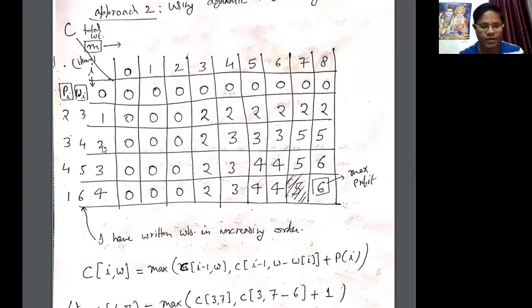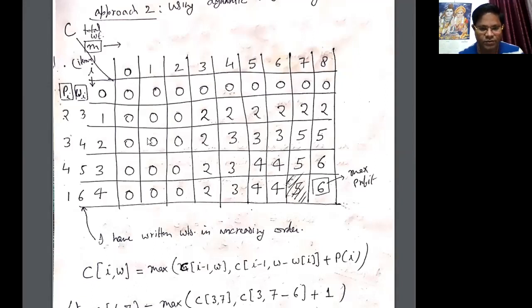It means we are picking the 2 items, this one and the previous one also. It means we are interested in these 2 items, that is the item of weight 3 and the item of weight 4. We are interested in the item of weight 4 first. Till we reach here, the entry is 0 that we have already placed.